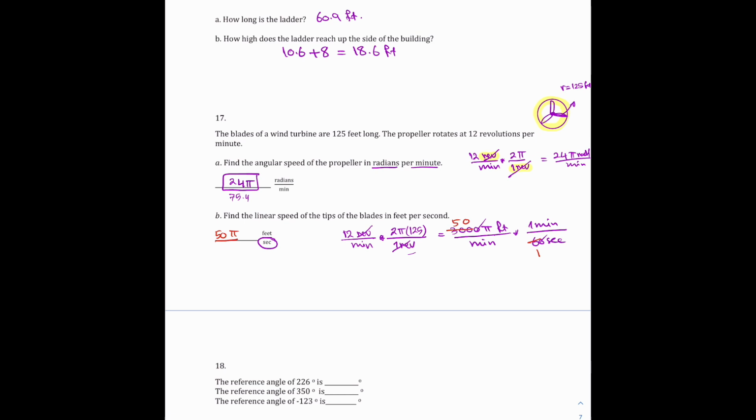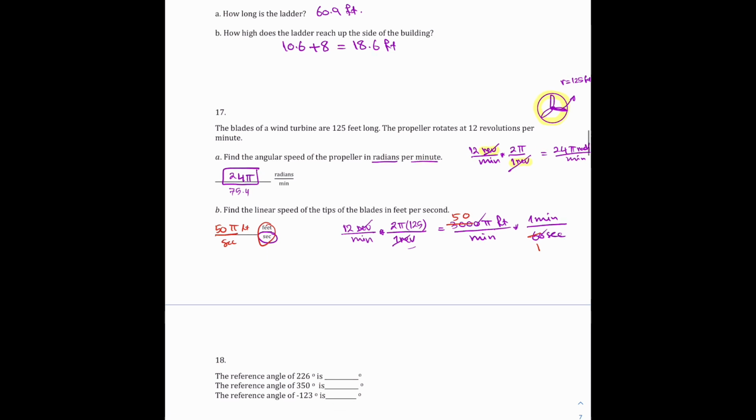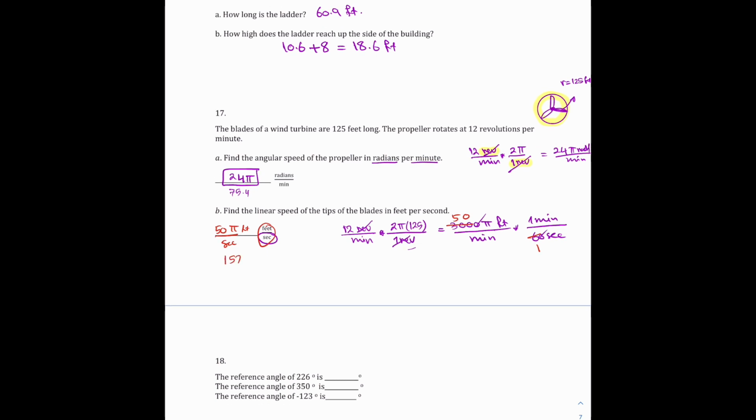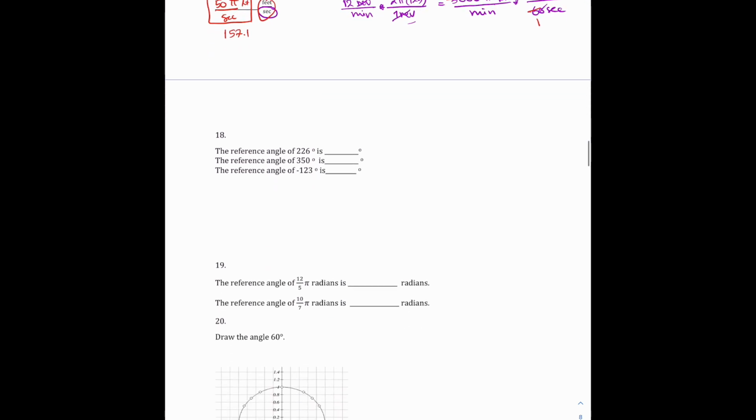And it's given here, feet per second. Now, if you convert that into decimals, the answer is 157.1, so this is approximately 157.1. Usually what I ask for is the exact answer, because those numbers are not very hard to deal with.